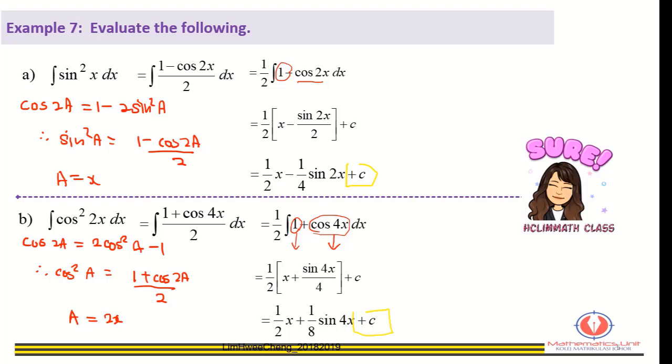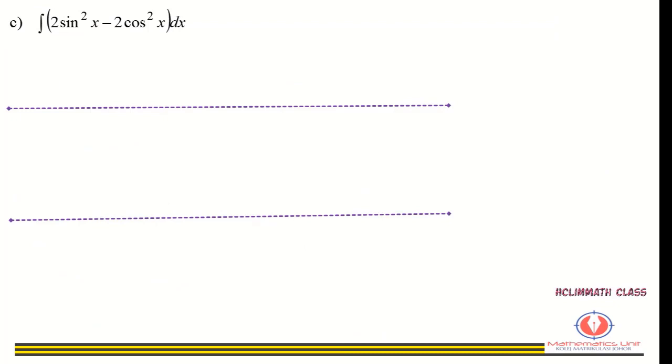Okay, we proceed with example C. Here we have the function 2 sin square x minus 2 cos square x. First of all, we may start to factorize with the minus 2. So we're going to have cos square x minus sin square x.